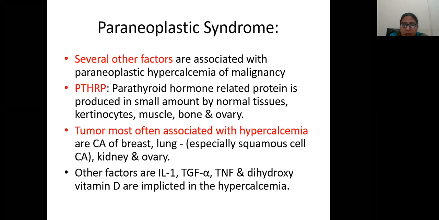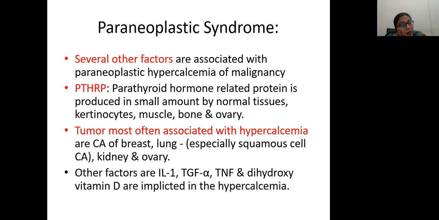Now, several other factors are associated with paraneoplastic hypercalcemia of malignancy. The parathyroid hormone-related protein is produced in small amounts by normal tissue, keratinocytes, muscles, bone, and organs. Tumors most often associated with hypercalcemia, because this can be asked in your SAQ, give an example of tumors which are associated with hypercalcemia.